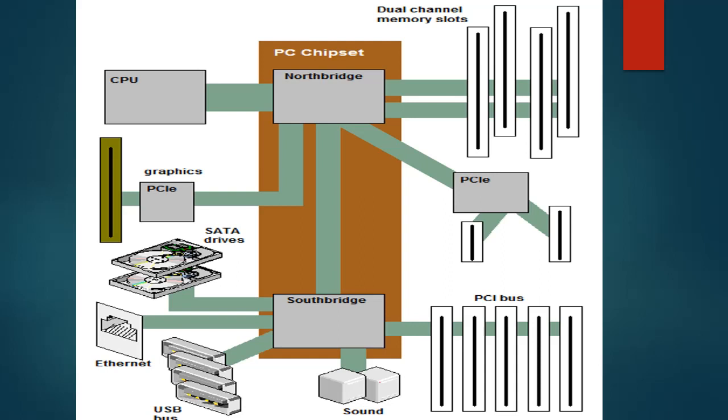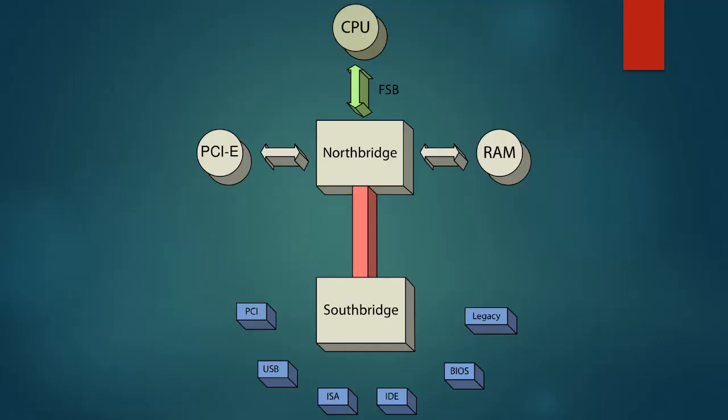There would be the North Bridge chip and the South Bridge chip, and these chips would have different functions. Now the North Bridge, which was located on the northern or upper portion of the motherboard, acted like a middleman between the CPU, PCI Express buses and memory, and the South Bridge, which was located on the southern or lower portion of the motherboard, was responsible for communication with the lower interfaces, which contain standard PCI slots, SATA connectors, USB ports, and so on.